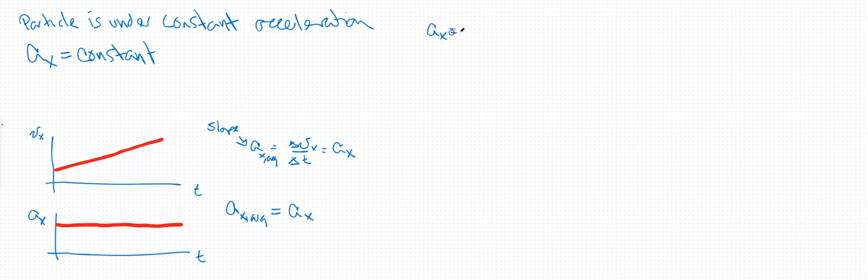Instantaneous acceleration is final velocity in x minus initial velocity in x over final time minus initial time. But if we make the initial time 0, then we only get final minus initial over the time. So this is one way to express this.